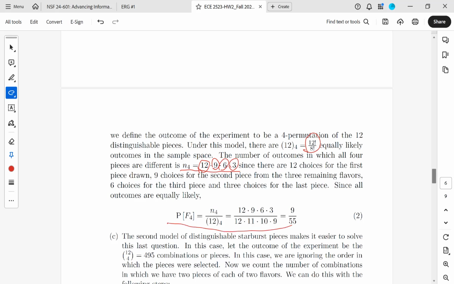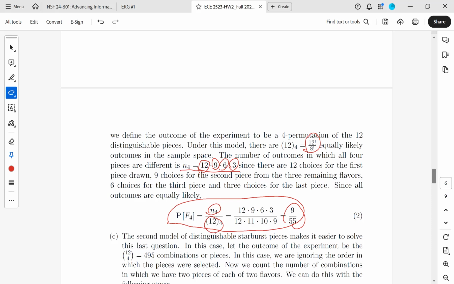So using the permutation and binomial coefficients, we can calculate the probability of our event using the number of ways that 4 flavors could happen divided by all the possible combinations of drawing 4 candy out of 12, which if you do the calculation is going to be the same result as the tree diagram.